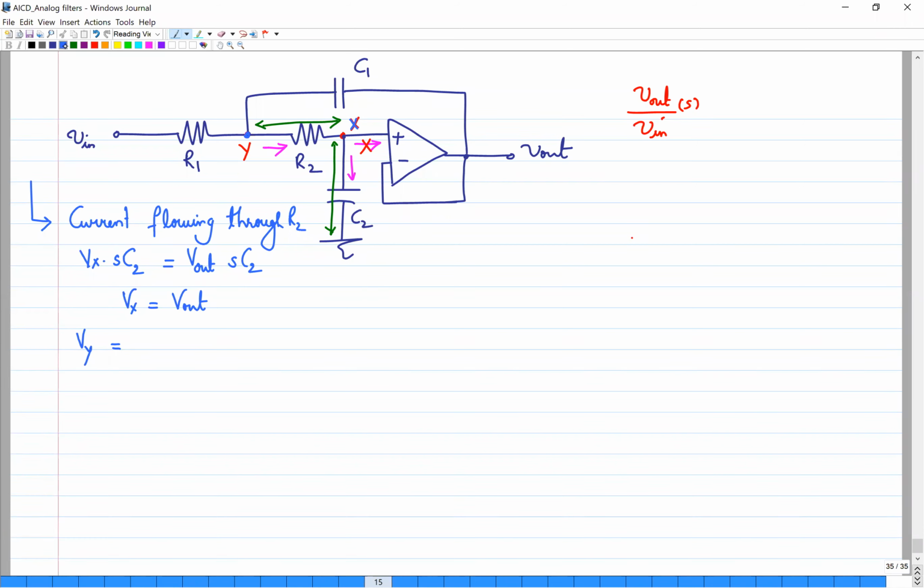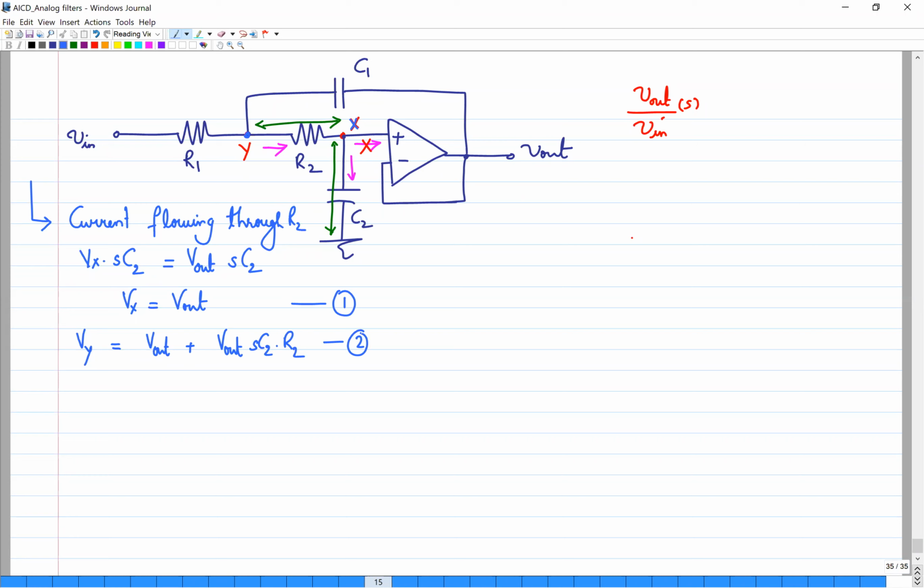When I say Vx, this is the same as Vout, plus the drop across R2, which is the current through R2 into R2. What is the current through R2? The current through R2 is Vx into S into C2, or Vout into S into C2. So Vout into S into C2 into R2. That is Vy. So any doubt for Vx is this and Vy is this?